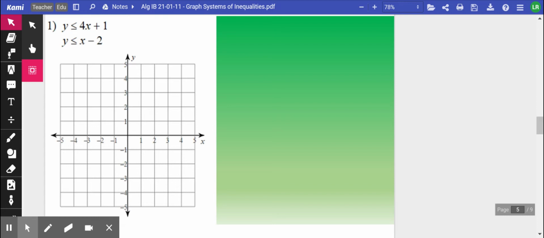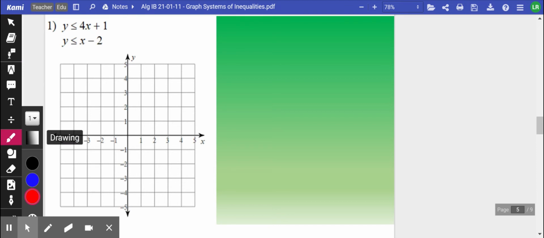Now, if you're able to make two different colors, that's helpful because it's a nice visual of what's happening. So I'm just going to start with this one here. I'm going to do it in red. Help me out as we go here because, again, we're going to focus on ones that are already solved.